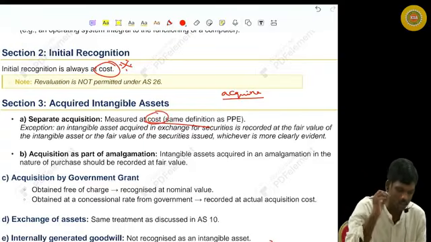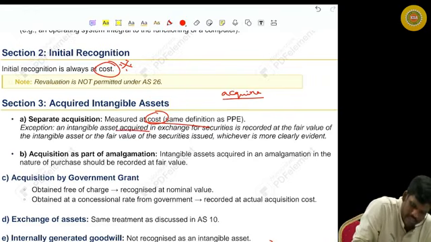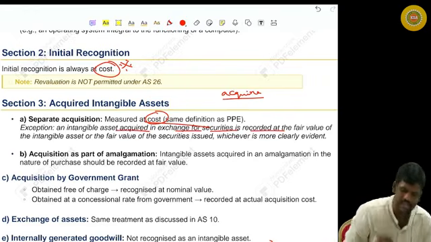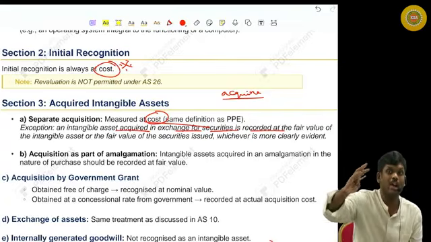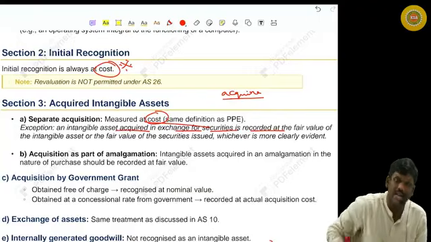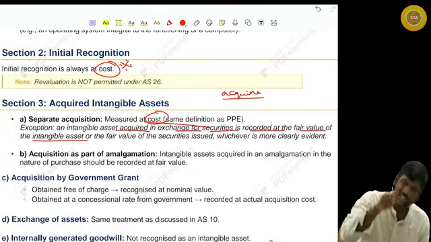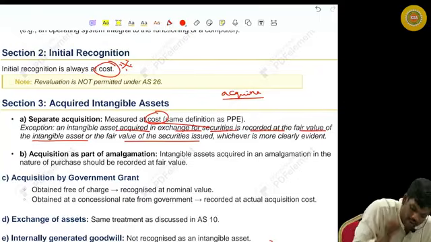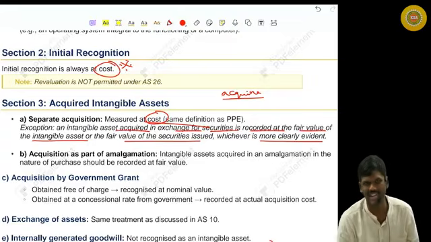Okay, here only one thing: if any intangible asset is acquired by exchanging securities, that means I am giving my shares or I am giving my debentures and then acquiring an intangible asset, then that intangible asset will be recorded at fair value of the intangible asset that you are purchasing or the fair value of the securities that you are issuing, whichever is more clearly evident. This point is actually not very clear in AS10.